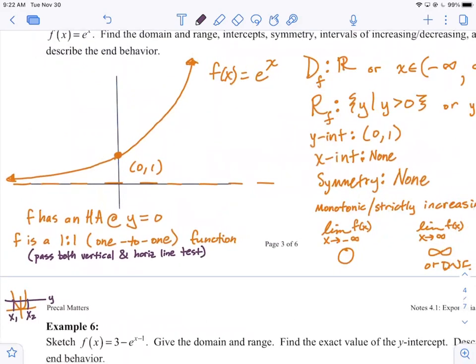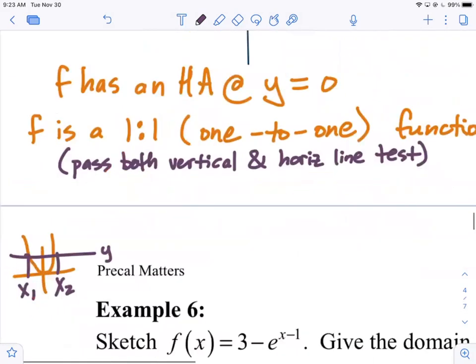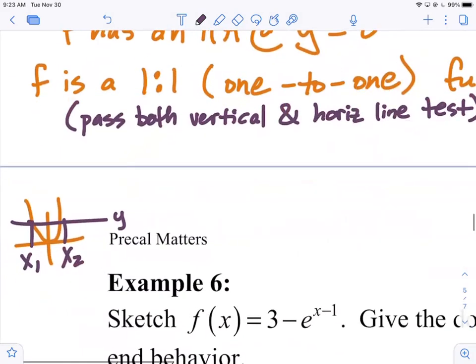Okay. Can anyone think of any other characteristic about functions in general that we've talked about at any time in our math careers that's worth mentioning here? Any other features or characteristics or traits? No vertical asymptote. Yeah, there's no discontinuities. Let's go ahead and say that. We could say then that F is continuous.